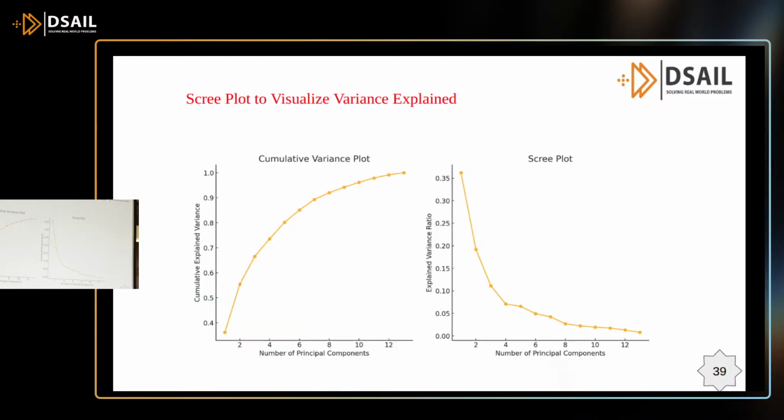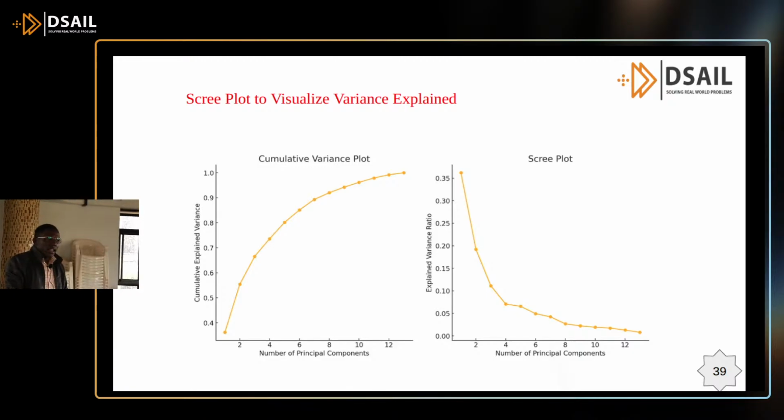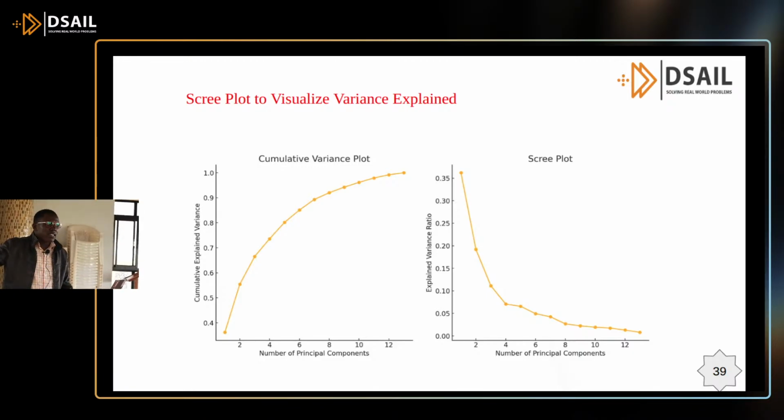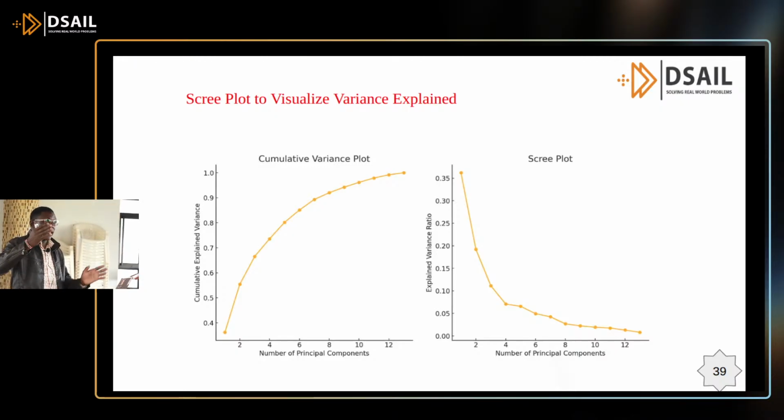So you had 200 features or 1,000 features, and you are doing PCA and 5 principal components are able to explain 95% of variance within your data. You may opt to stick with 5 and not use 1,000 features.